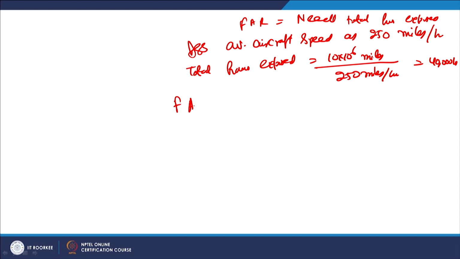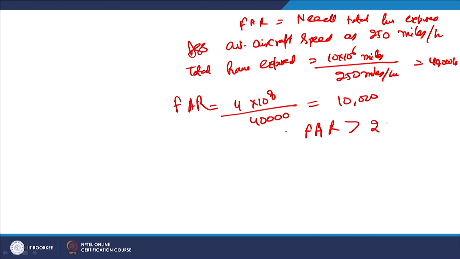So, FAR is 4 deaths into 10 to the power 8 divided by 40,000, which comes out to be 10,000, and this FAR is greater than 240.